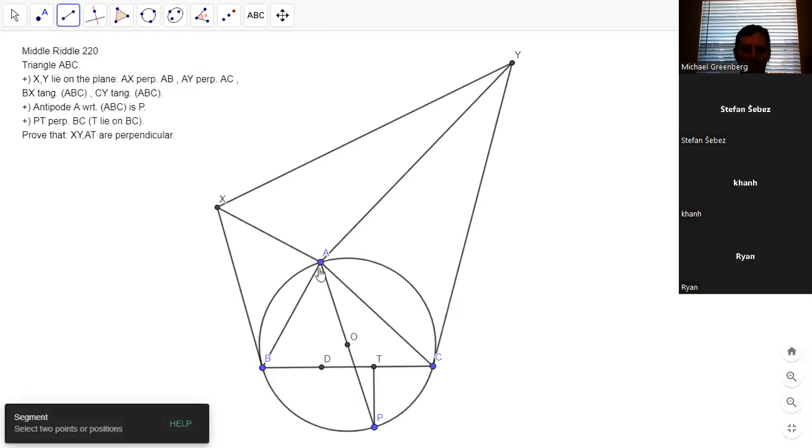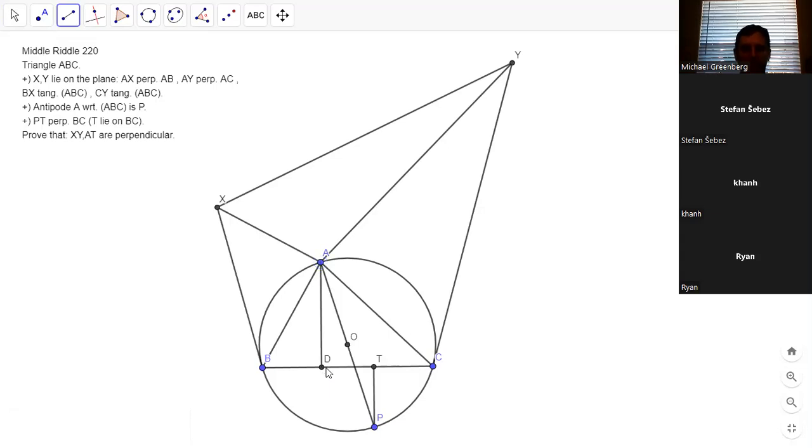So BAD is similar to CAY. And CAD is similar to XAB.